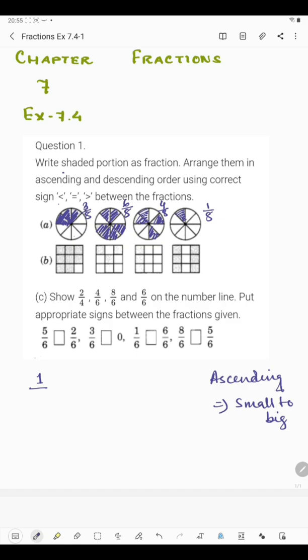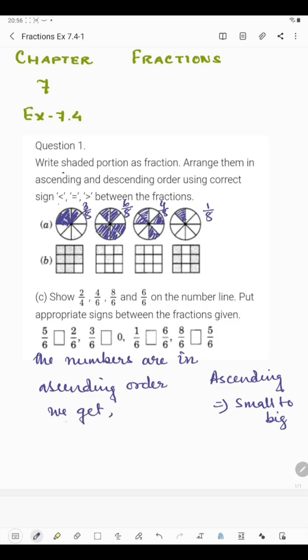So we write the fractions in ascending order. We get 1 by 8 first. 1 by 8 is smaller than 3 by 8 because after 1, 3 comes.